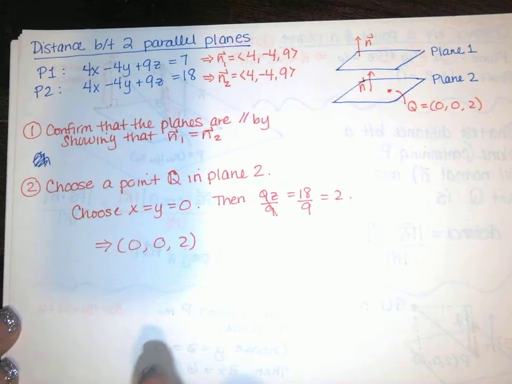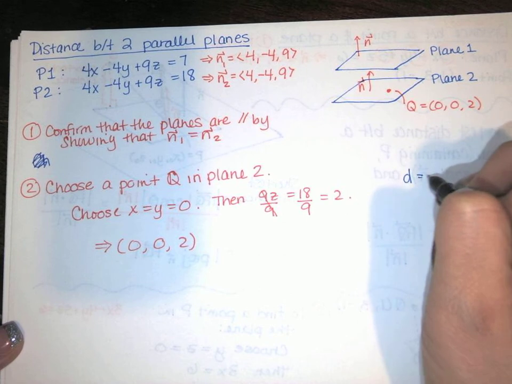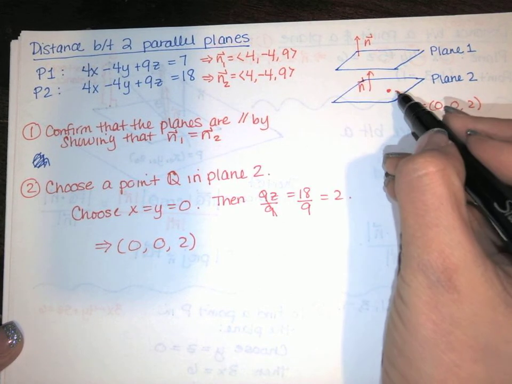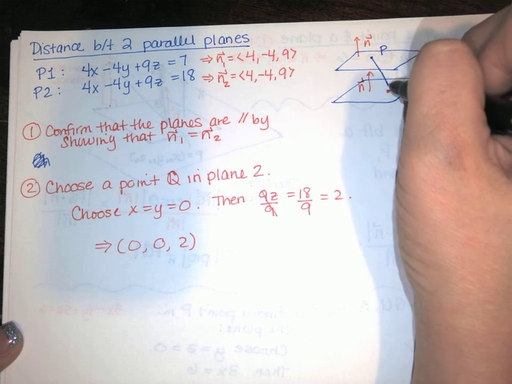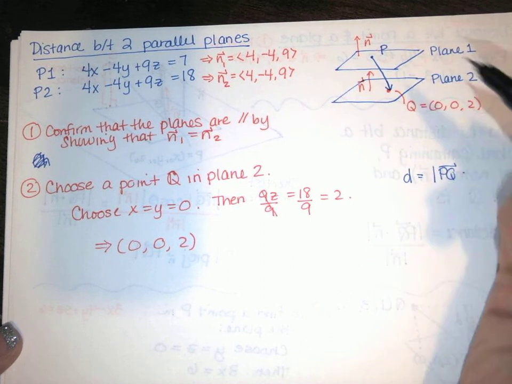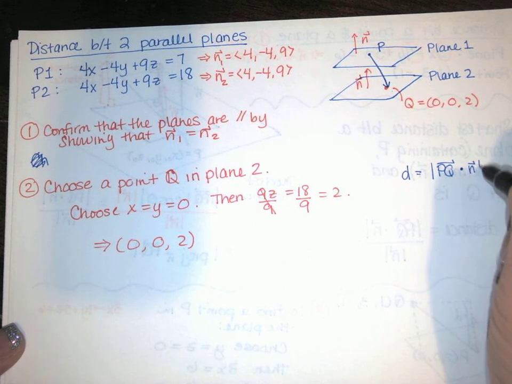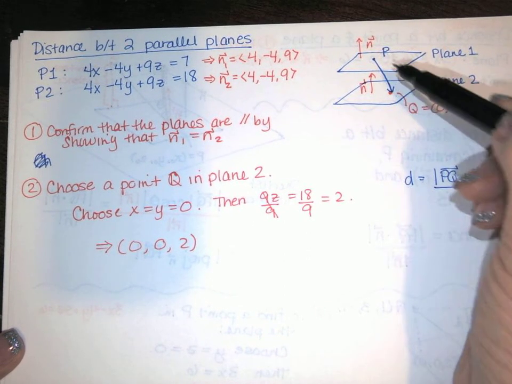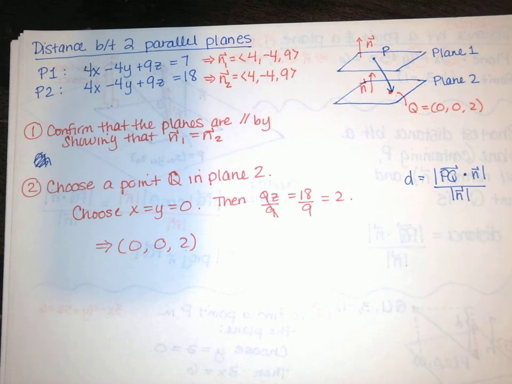Now, in order to do this, remember our distance formula. We need a point not in the plane. We need a point P in this plane. We need the vector from P to Q. And then we need to take the dot product of PQ with one of these n's and then divide by the length of n.